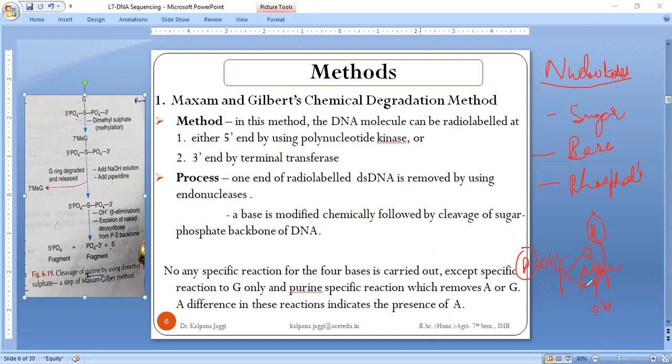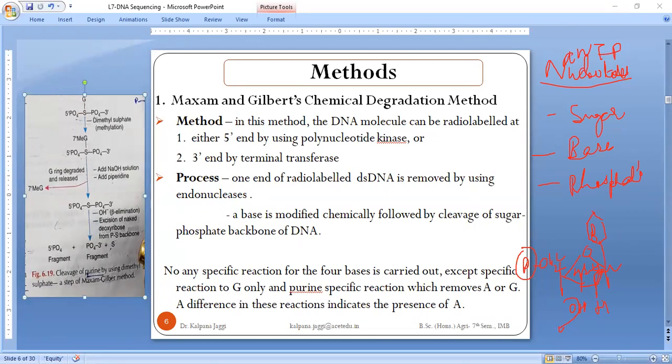Here also H and here OH. But when we say deoxynucleotide triphosphate, then from here one O is removed and only H is left behind. And when we say dideoxy, another O is removed and again H is left behind. So here what is done?